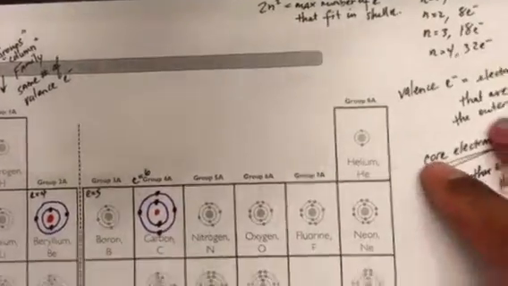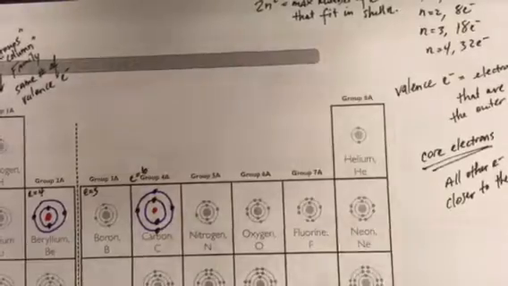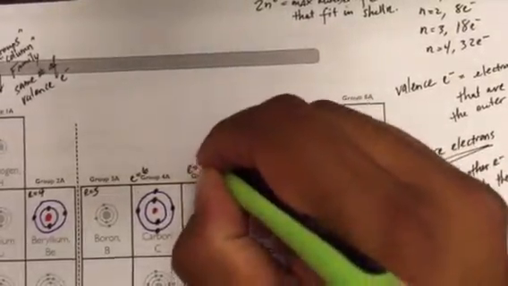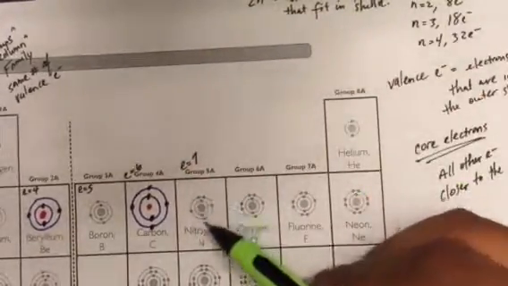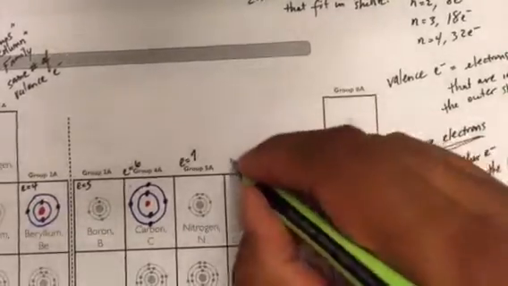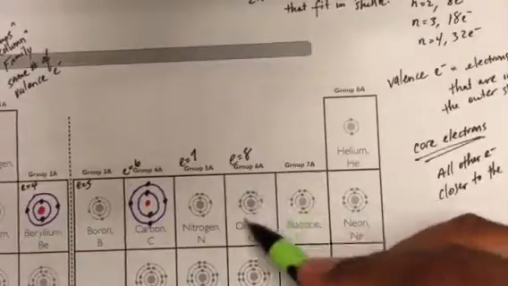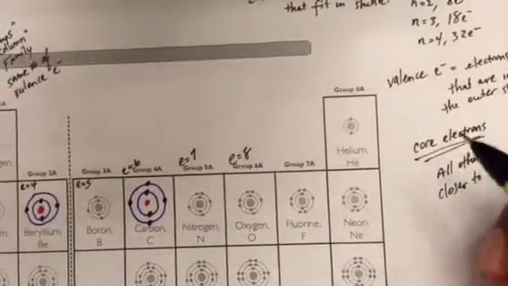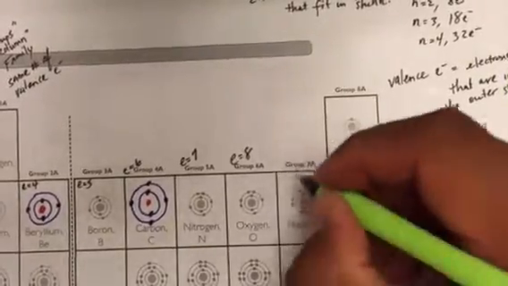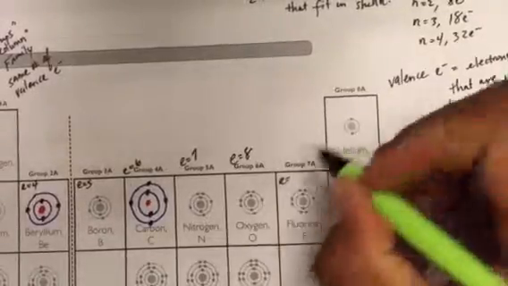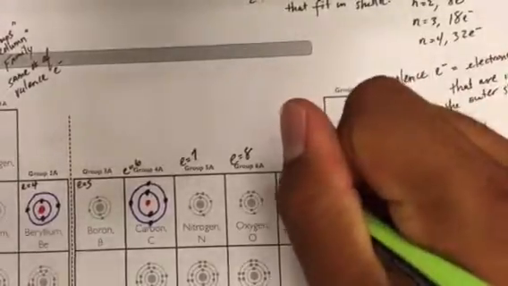Now again, if you're looking at nitrogen, we're adding another one. Nitrogen has 7 electrons. If you notice, we're just adding 1 and adding it to the outer shell. Oxygen has 8 electrons. Again, we're adding it to the outer shell. I'm sorry, fluorine has 9 electrons.